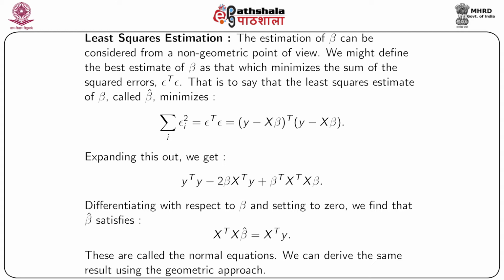So using this technique, we differentiate the above expression and setting it to 0, we find that beta hat should satisfy the following equation, which is x prime x times beta hat equals x prime y. So this above expression, these are called the normal equations, and we can derive the same result using the geometric approach as well.